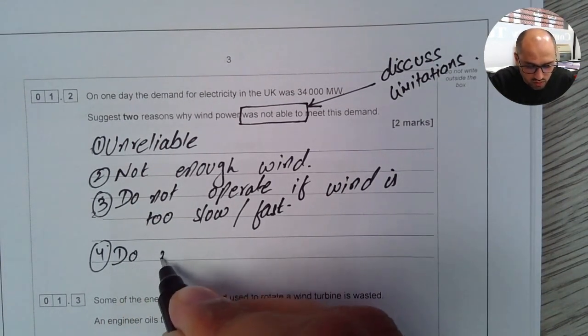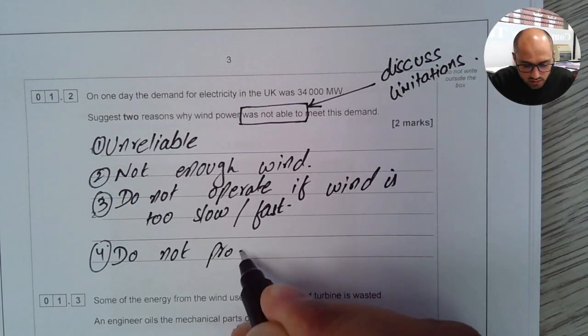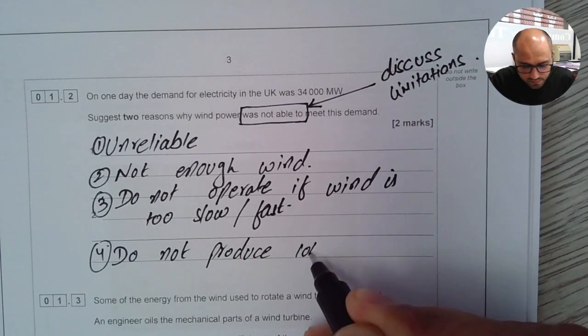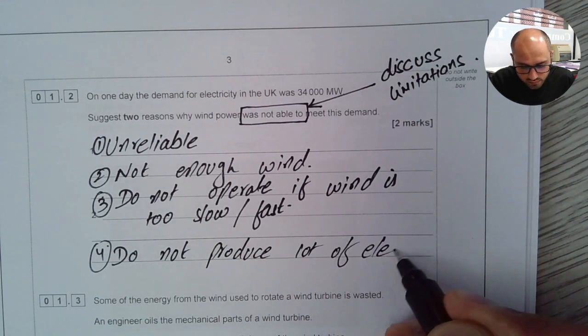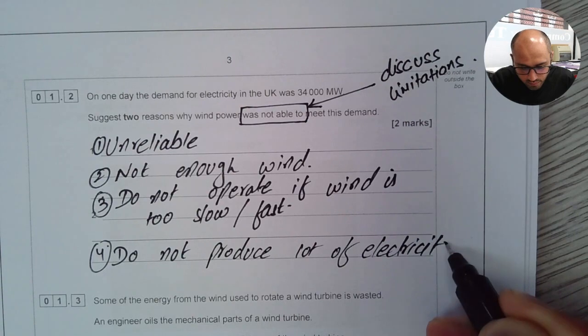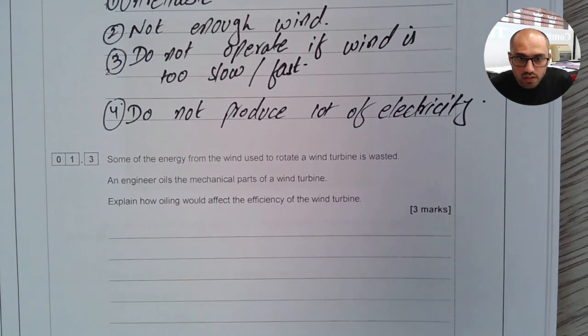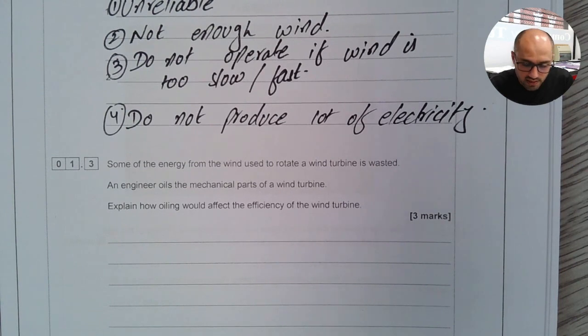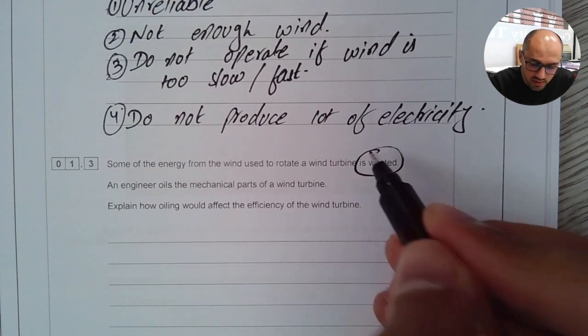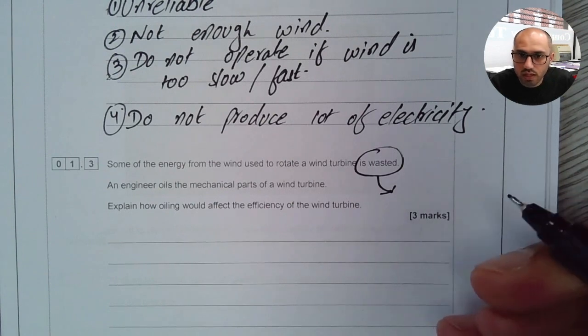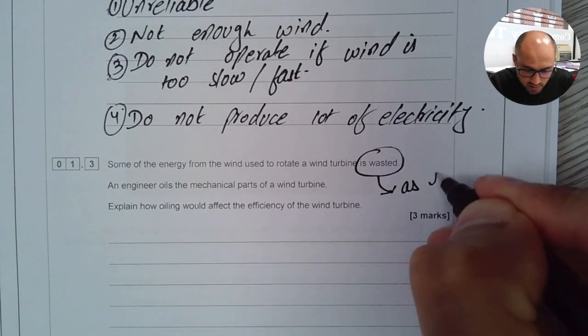We can say do not produce a lot of electricity. Next part says some of the energy from the wind used to rotate a wind turbine is wasted. Now remember, this wasted energy always goes into surrounding as thermal energy.